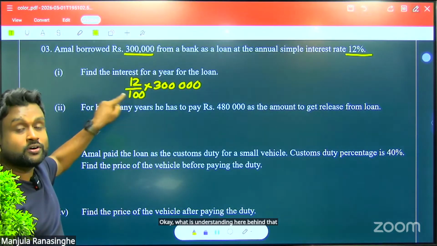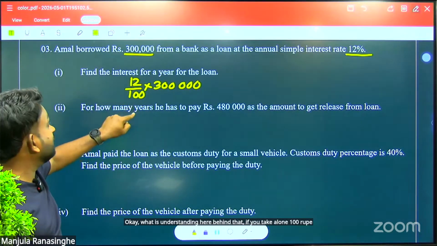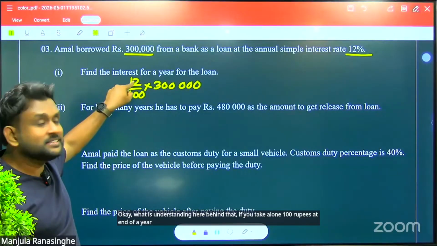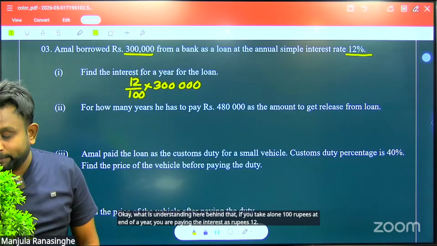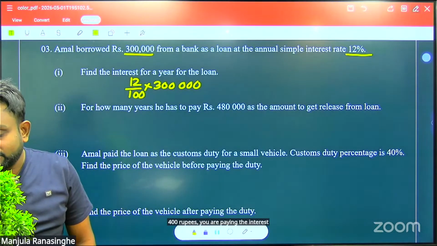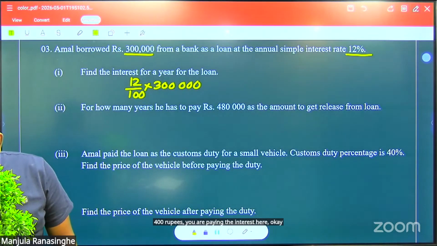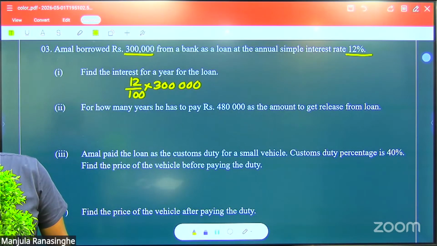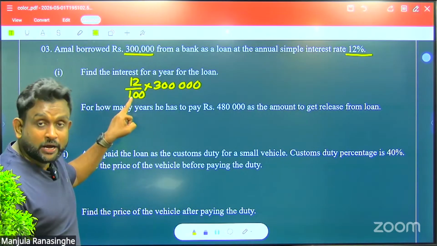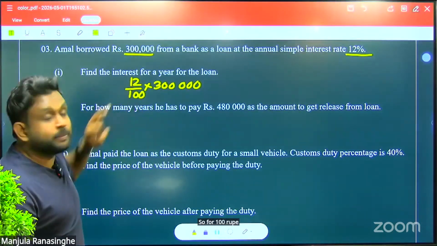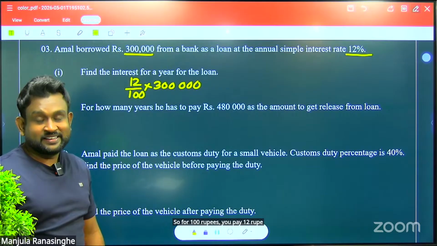What is the understanding behind that? If you take a loan of 100 rupees, at the end of a year you pay interest of 12 rupees. For 100 rupees, you pay interest 12.